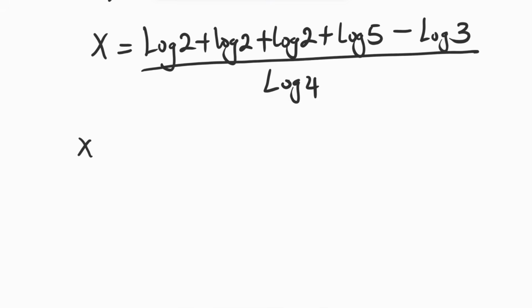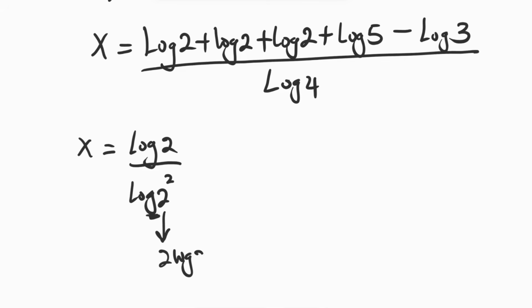So we can write them out as standalone fractions. And 4 is also the same thing as 2 squared. So we have log 2 divided by log 2 squared. And from here, this is the same thing as 2 log 2.